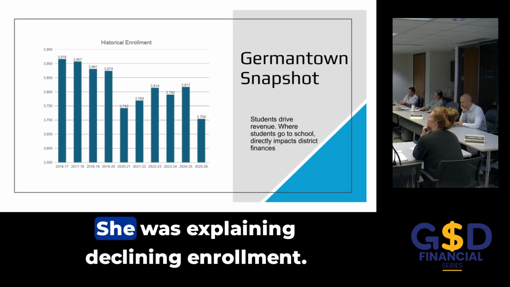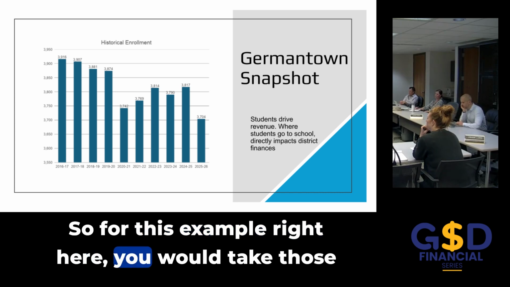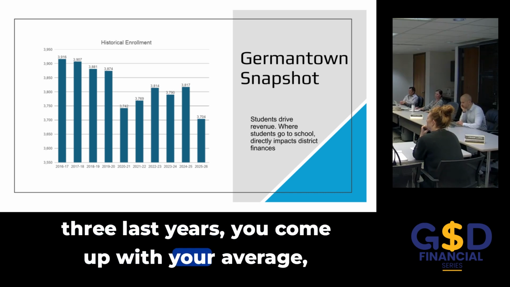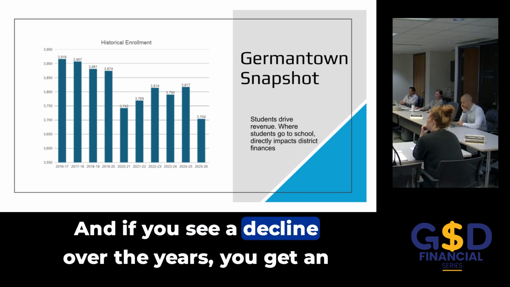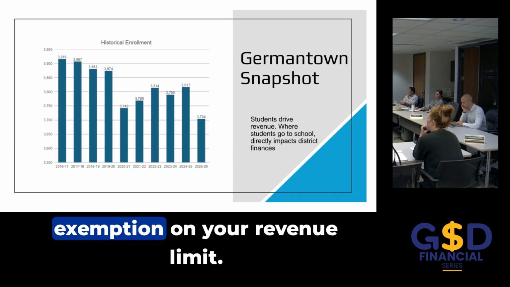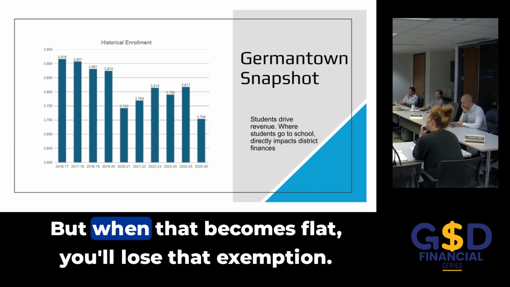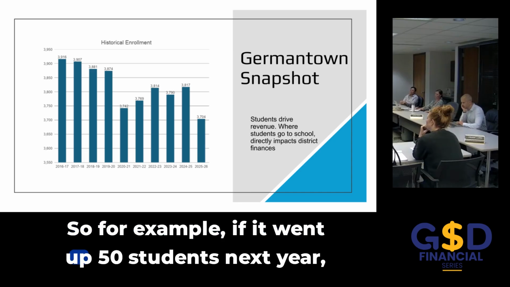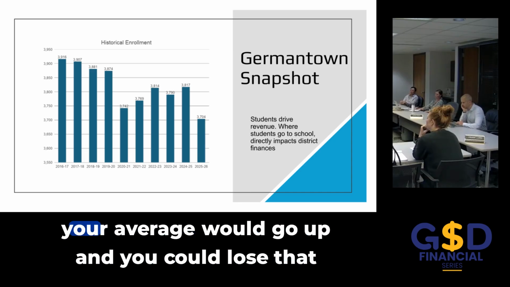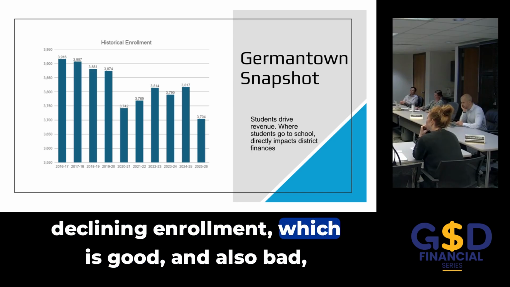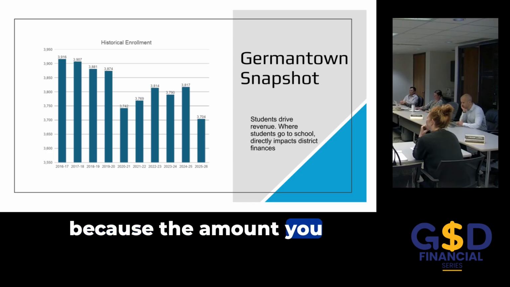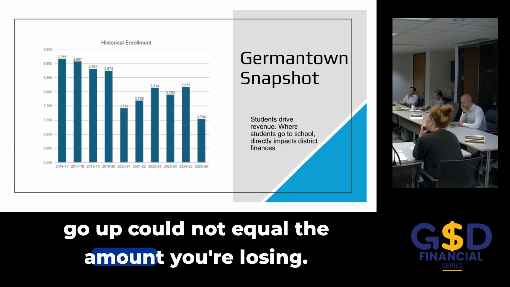Right. So she was explaining declining enrollment. For this example right here, you would take those last three years and come up with your average, right? And if you see a decline over the years, you get an exemption on your revenue limit. But when that becomes flat, you'll lose that exemption. So for example, if it went up 50 students next year, your average would go off, and you could lose that declining enrollment, which is good and also bad, because the amount you go up could not equal the amount you're losing.